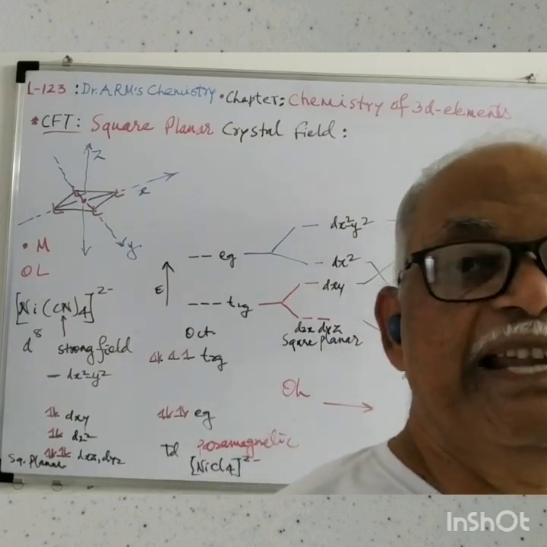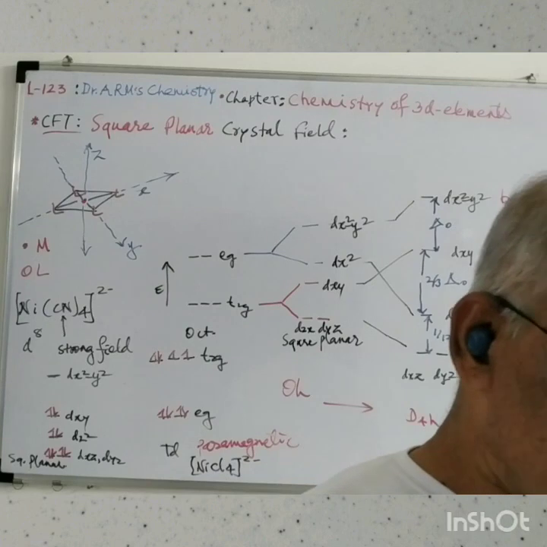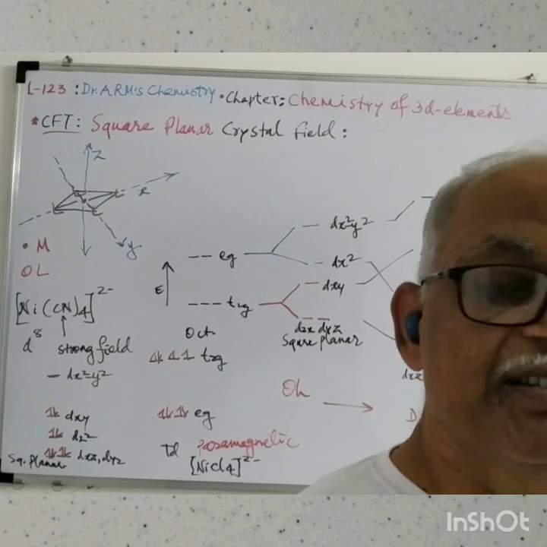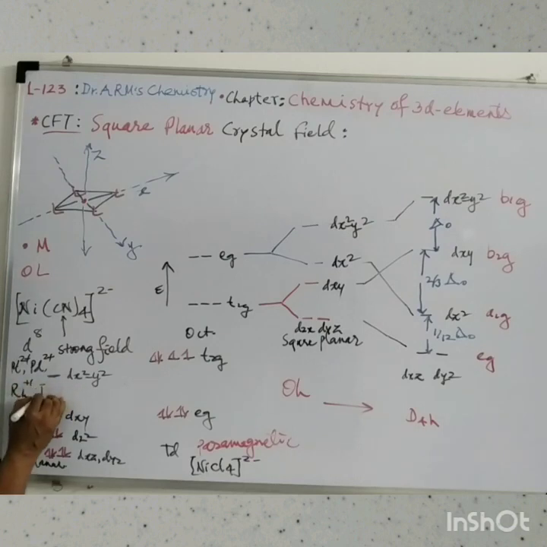In the same way, we can have complexes of second row and third row metal ions having d8 configuration, for example platinum 2 plus, palladium 2 plus, rhodium 1 plus, and iridium 1 plus.